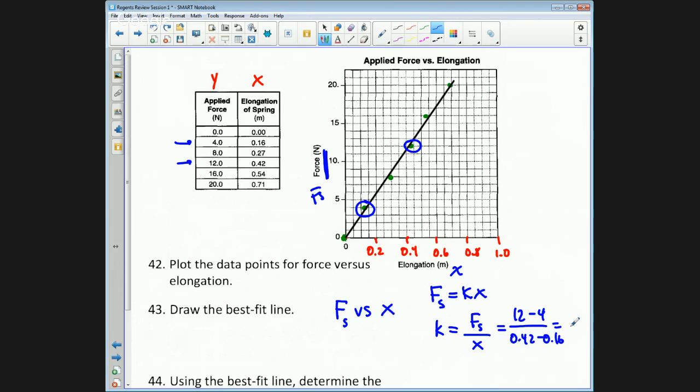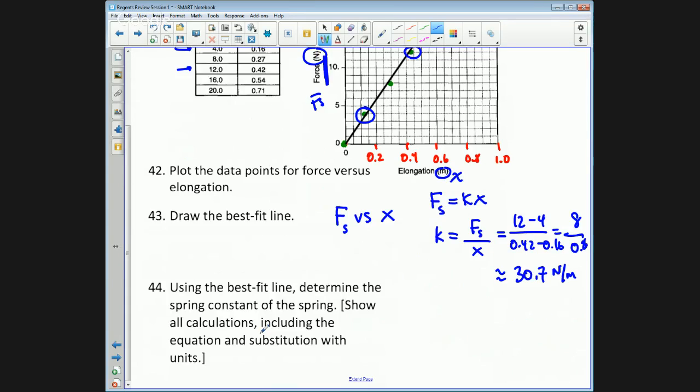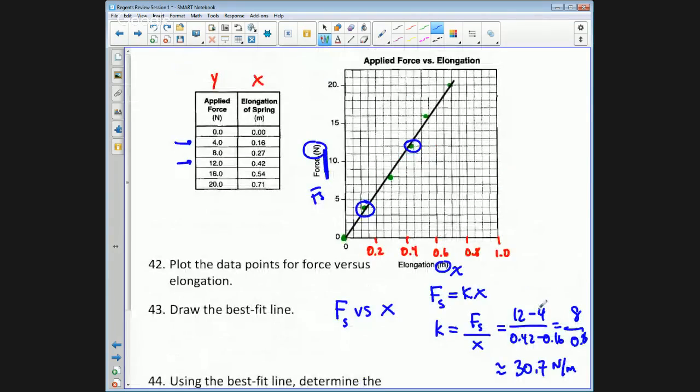I'm going to get 8 over 0.26, and 8 divided by 0.26 equals approximately 30.7. The units are newtons per meter, newtons divided by meter. So that's my approximate spring constant value. Okay, so you're figuring out the slope.